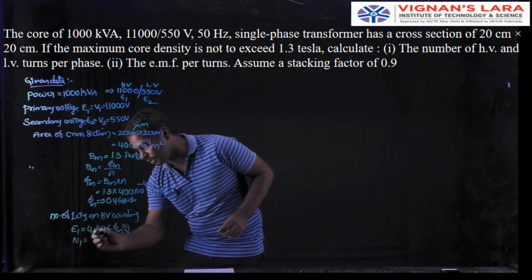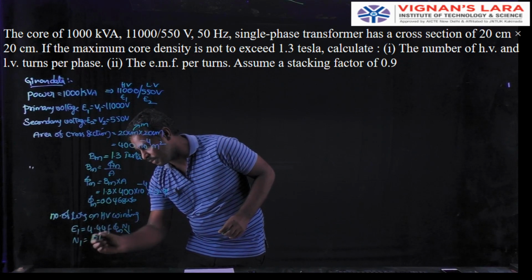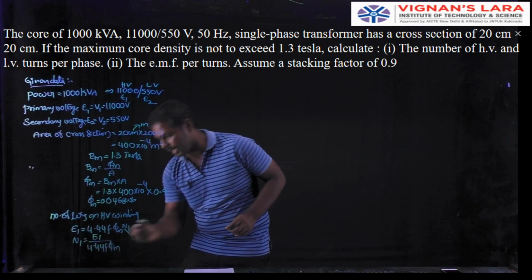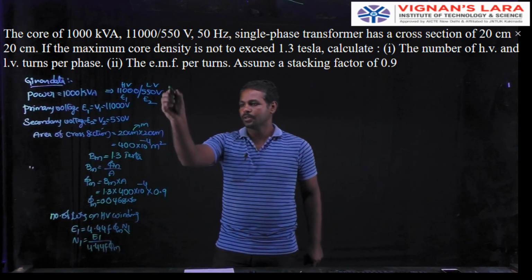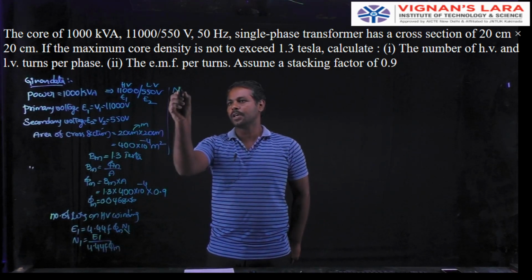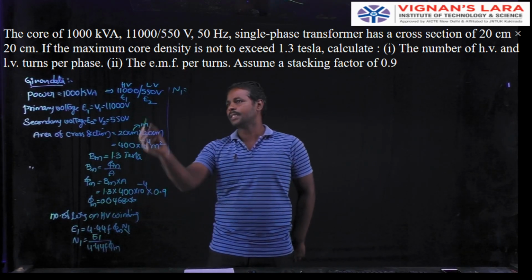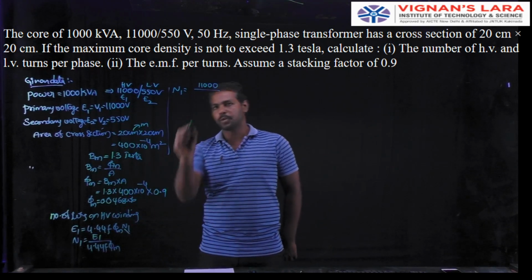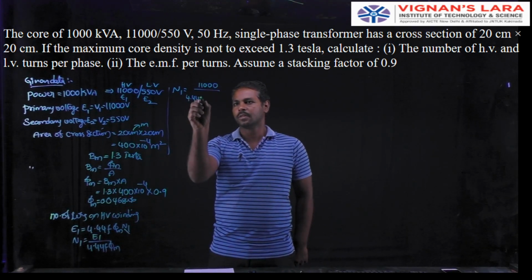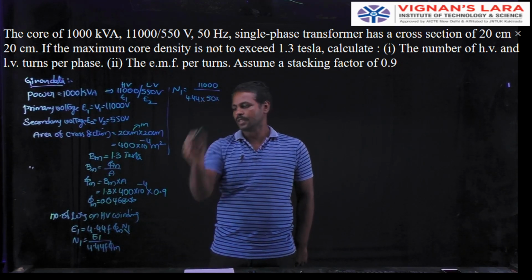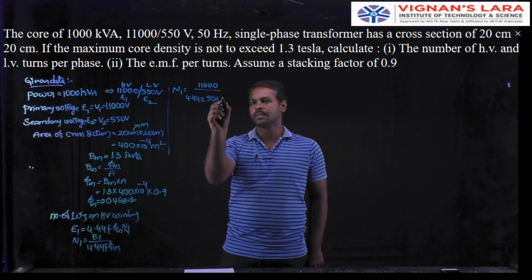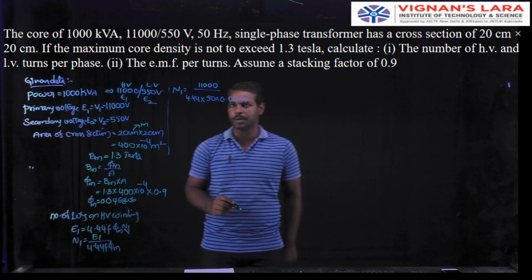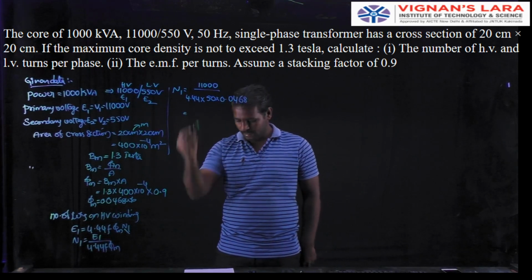N1 is equal to E1 divided by 4.44 into F into phi m, which is 11,000 divided by 4.44 into F into 0.0468.